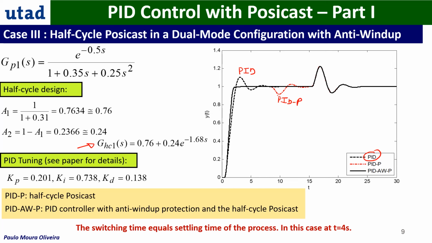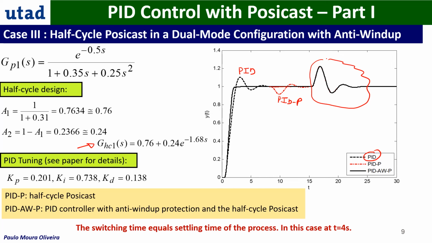Still, we have a problem because the anti-windup is not implemented. When you implement the anti-windup, you can see that this is an almost perfect deadbeat response, and that you get here the load disturbance. In this case, the switching time was equal to 4 seconds.